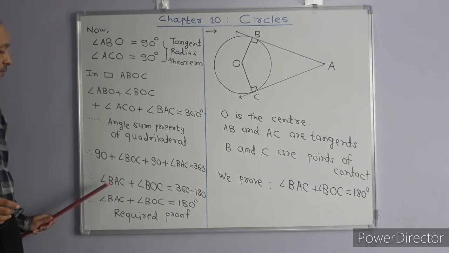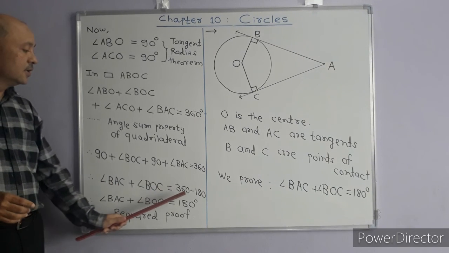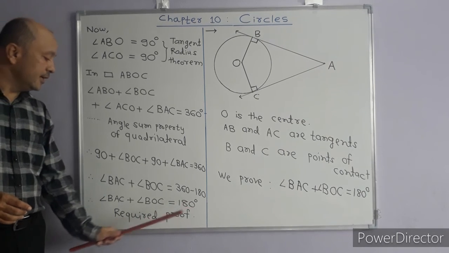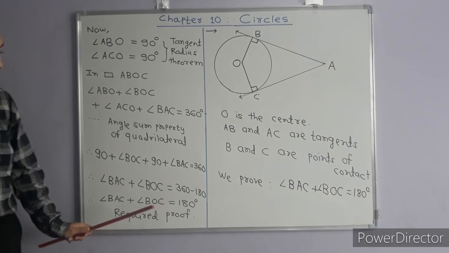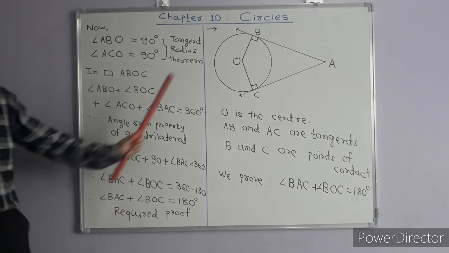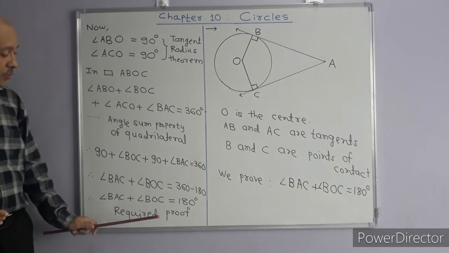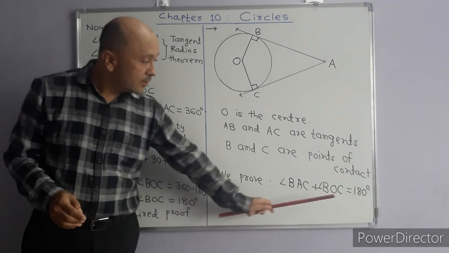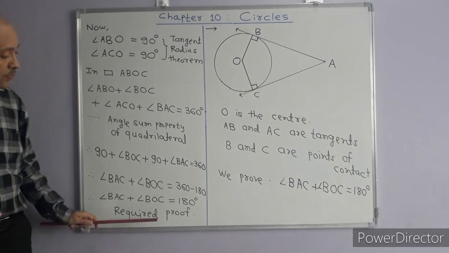Then on the LHS remains angle BAC plus angle BOC, which is equal to 180 degrees. So angle BAC plus angle BOC is equal to 180 degrees, and that is the required proof. It means the angle here and the angle here are supplementary to each other. That is what we were going to prove, and we got the proof here.